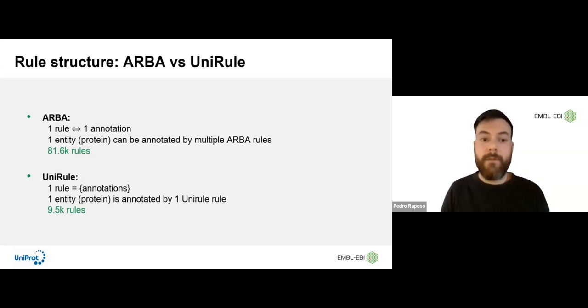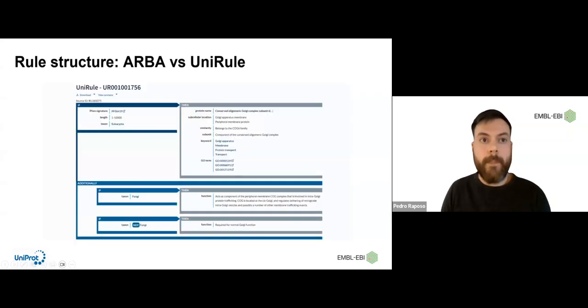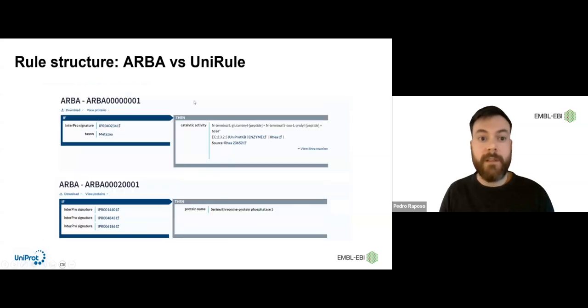At the moment, the difference in numbers is that we have around 81,000 ARBA rules and around 9.5 thousand UniRule rules. In the UniRule rule previously shown, you can see that we have many annotations within just one rule, but in ARBA, we provide here two examples, and in each one, you can only see one type of annotation.